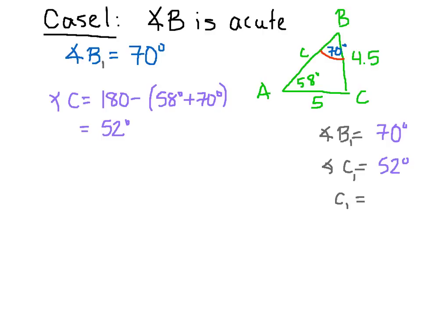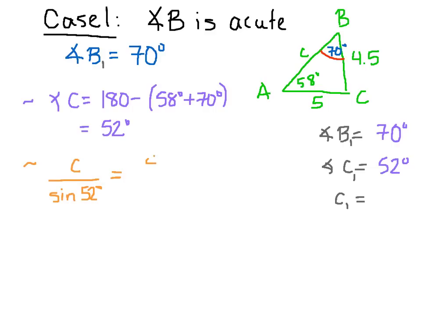So now the last thing you have to do is figure out what your side C is. So side C, you can just use your law of sines. Say C over the sine of C, which is 52 degrees, that's going to be equal to, I'm just going to use side A and angle A because that remains constant no matter what.